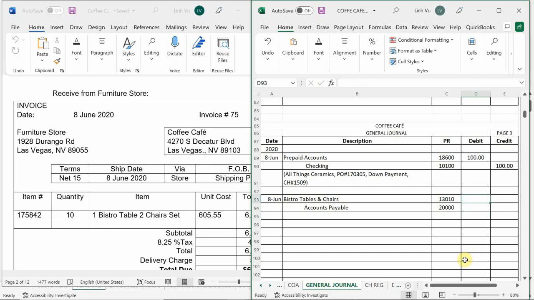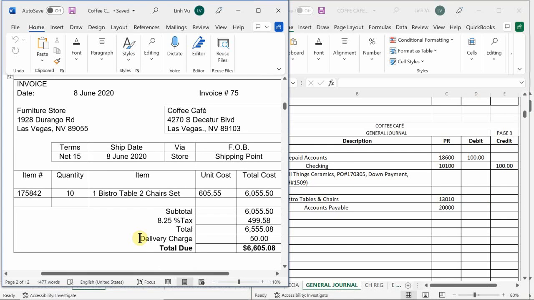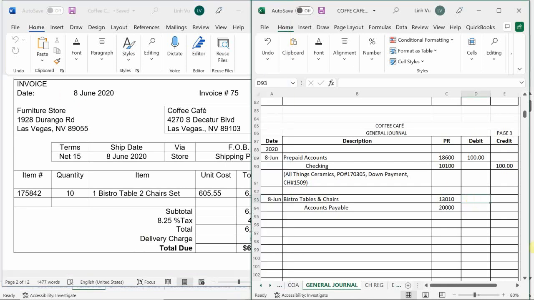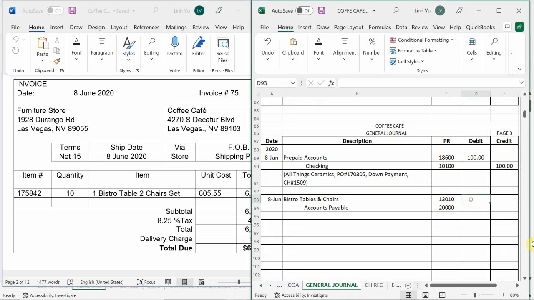For how much? How much was my table? 6,605.08.